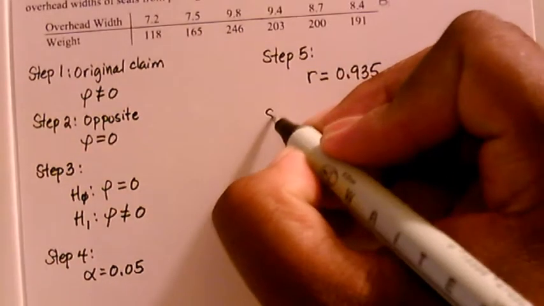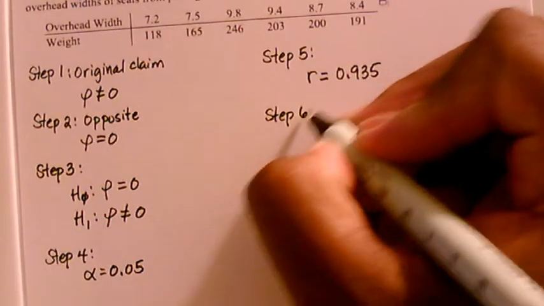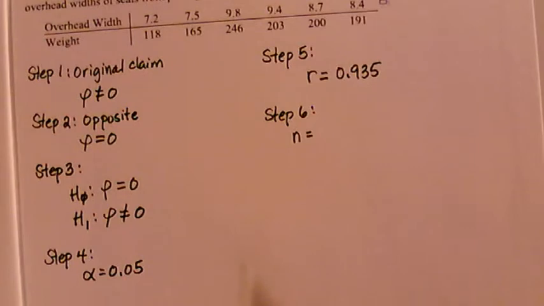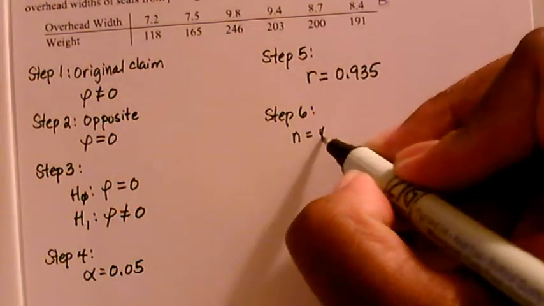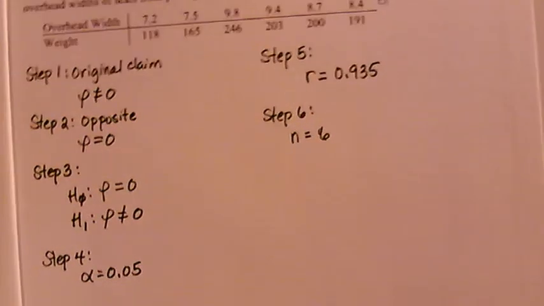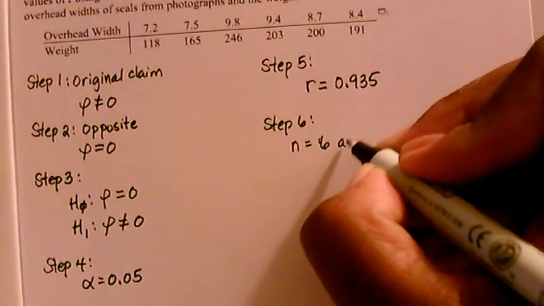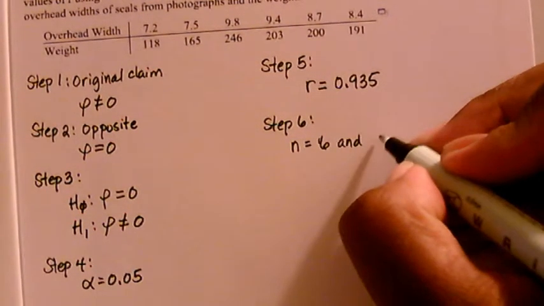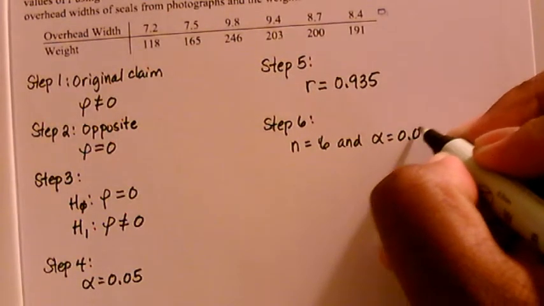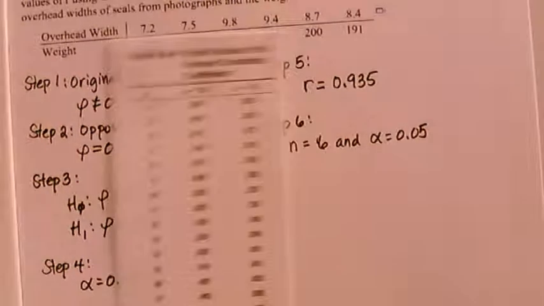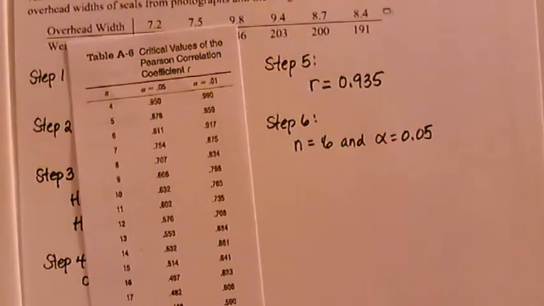So this is where step number 6 comes in. In this case, there are 6 paired data. That N represents the number of paired data. And our alpha level was 0.05. So this is where we use that Pearson correlation coefficient table to find the critical value.